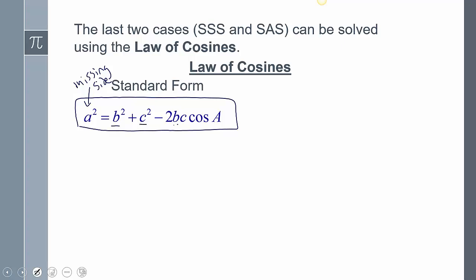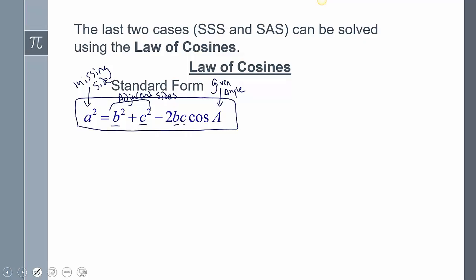These two values, the B and C, are the given sides, and this is always the given angle. The B and C are the adjacent sides, like they're between the angles.